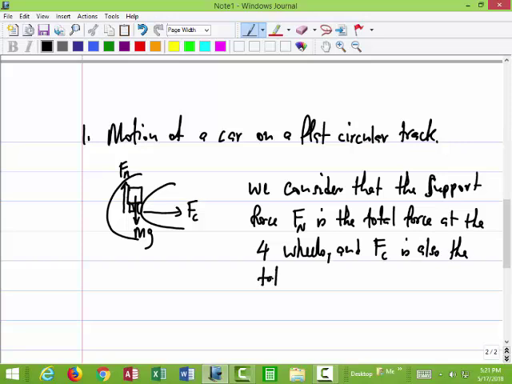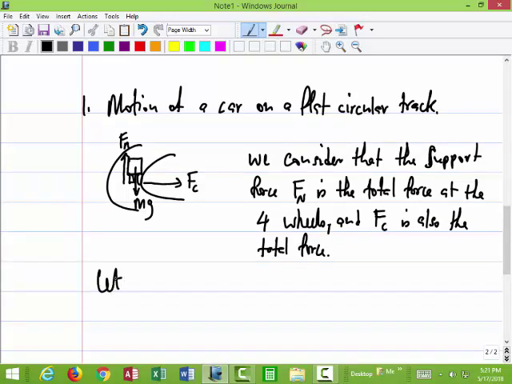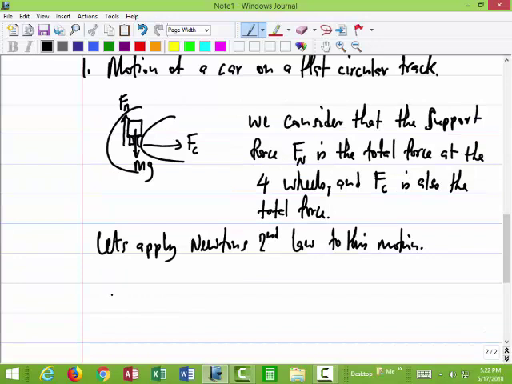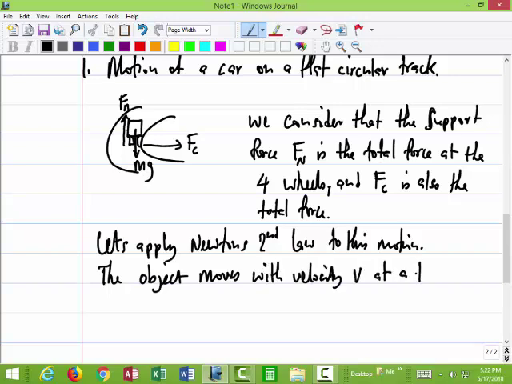Let's apply the second law again. The vehicle moves with velocity v at a tangent to the circular path.